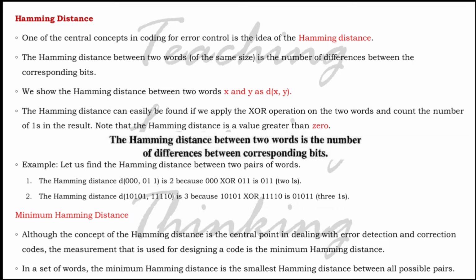I hope you know the XOR function. XOR means that if the two bits are the same, then the result will be 0. If the two bits are different, then the result will be 1. So if you XOR 0 and 0, the result will be 0, and if you go for 0 and 1, the result will be 1.